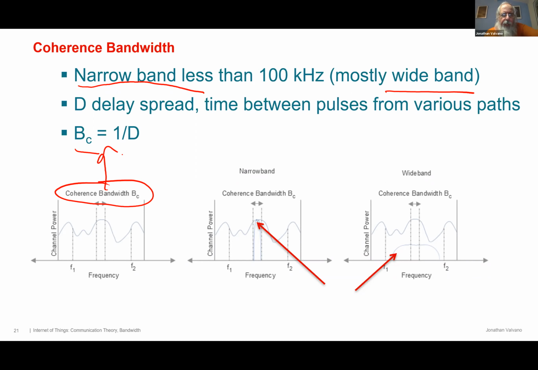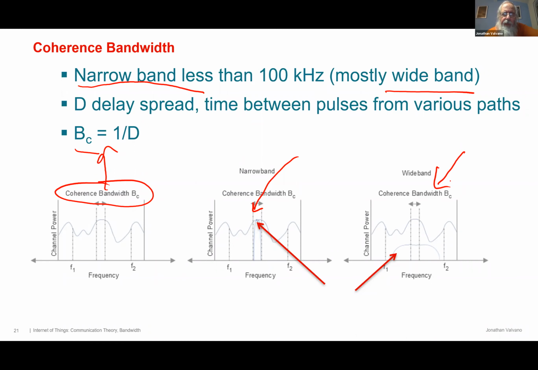So in a narrowband case, all of the delayed paths show up in the same bin, where the coherence bandwidth includes the frequencies, whereas in a wideband, Wi-Fi, Bluetooth, all those gigahertz ranges, it's out of band.